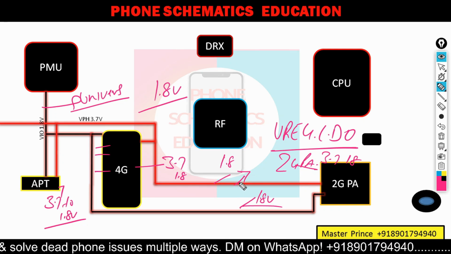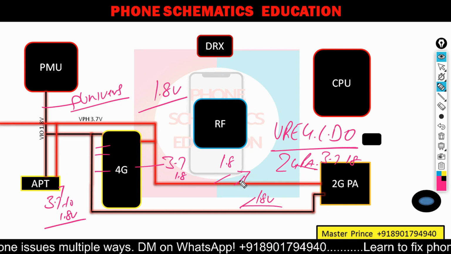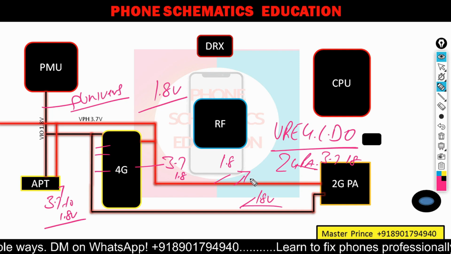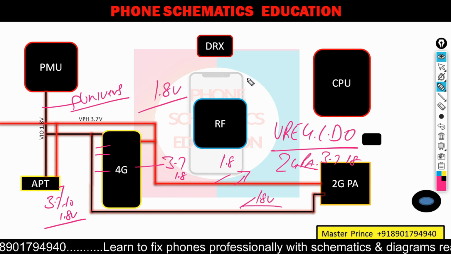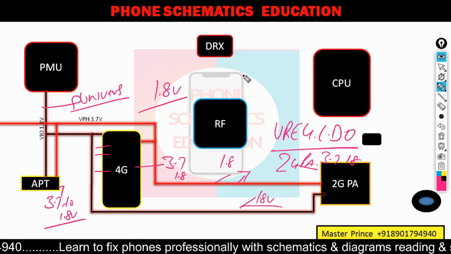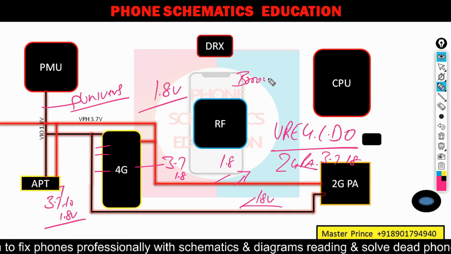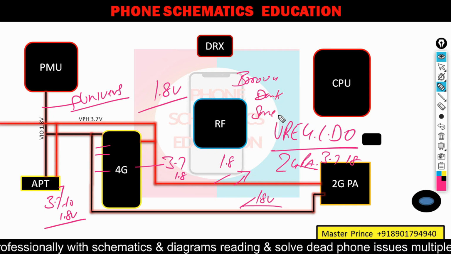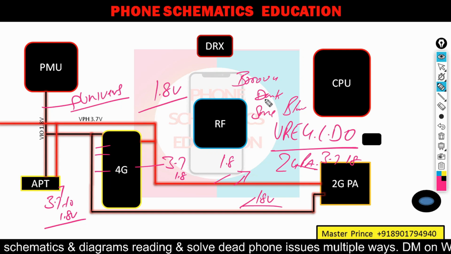The reason is waterlogging; mostly in waterlogged phones the network area is harmed. Due to the water contact in the network area, you will see most of the network section gaps go from brown to dark brown or sometimes black, right? Now I will show you in a schematic also.